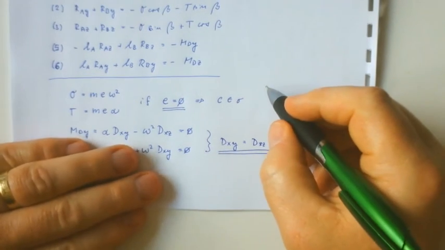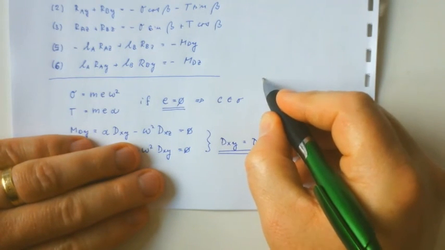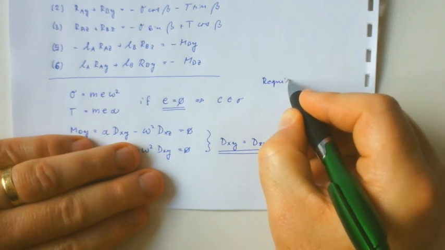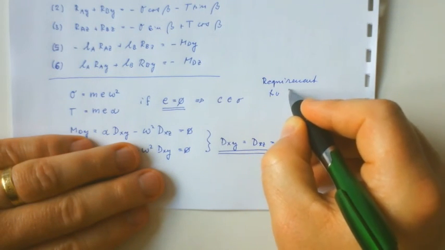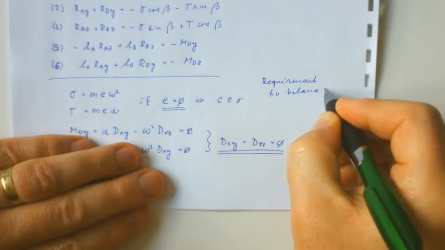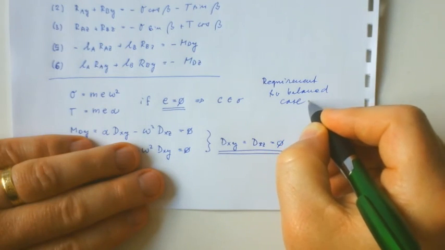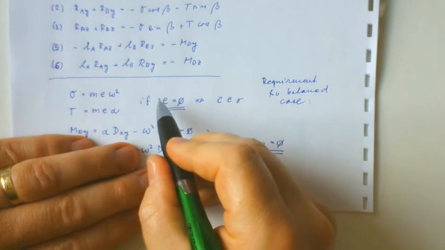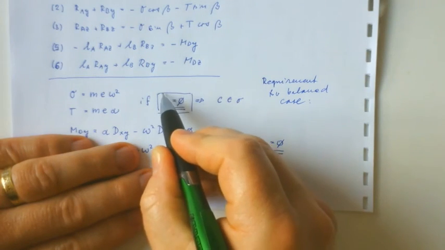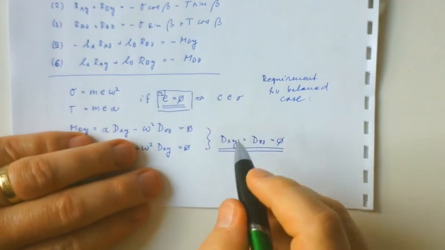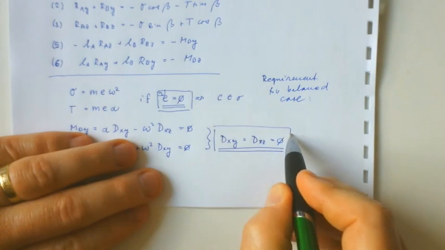So we have some requirements for the balanced case. So this is the first requirement, and this is the second requirement.